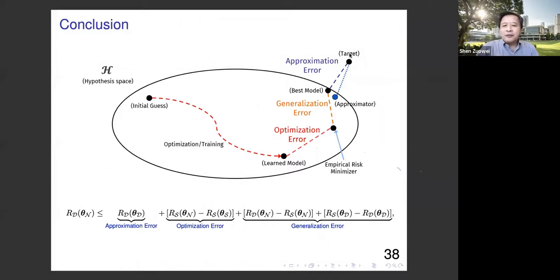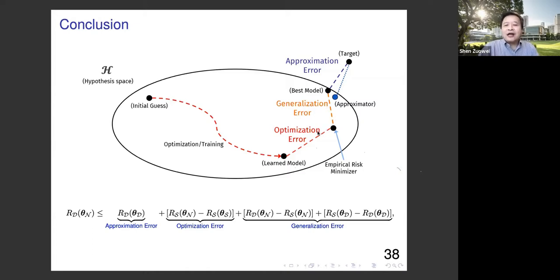We gave the exact estimate, and in some cases we can say this approximation error can be as small as you wish if you use this nice activation function. But this does not mean we solved everything about supervised deep learning error. You have two more: optimization error and generalization error.